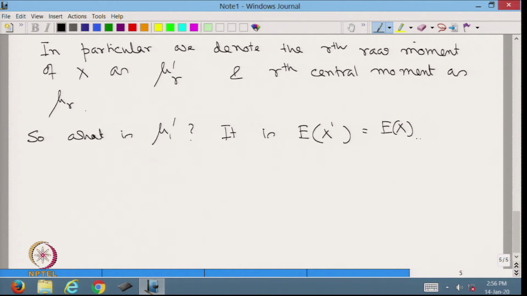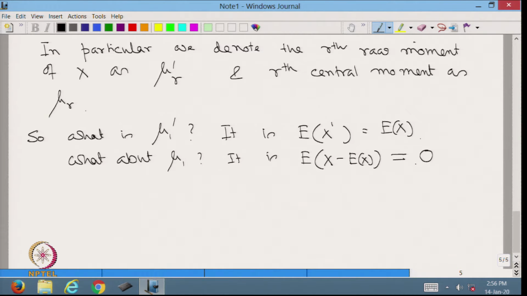And over the last few classes, we have seen many examples of expectation of a random variable. In particular, we looked at random variables of certain standard distributions. What about mu 1? It is expected value of x minus expected value of x, which is equal to 0.